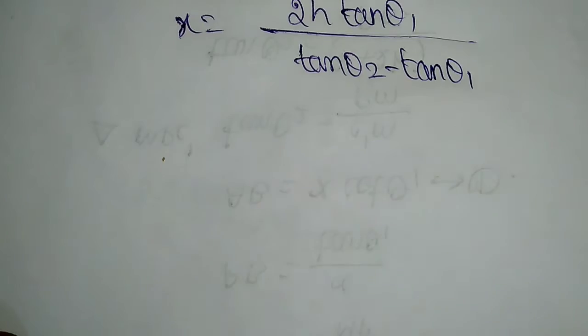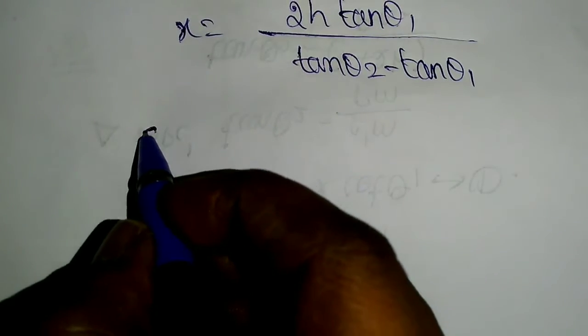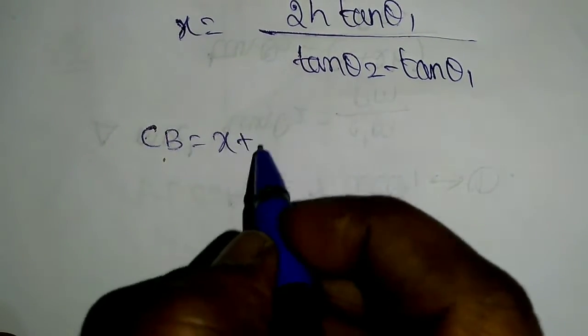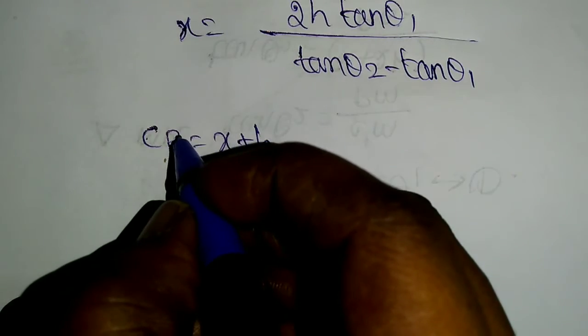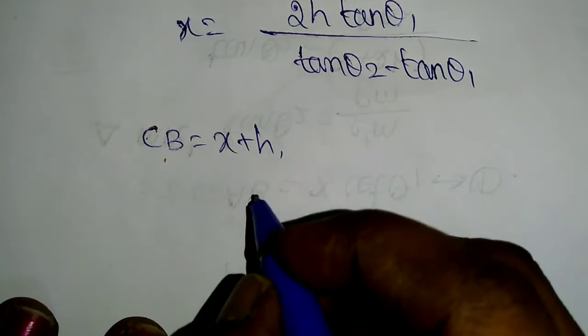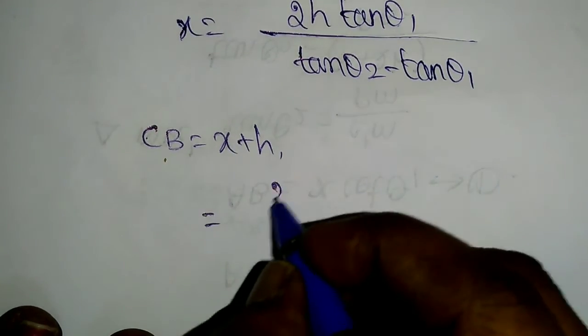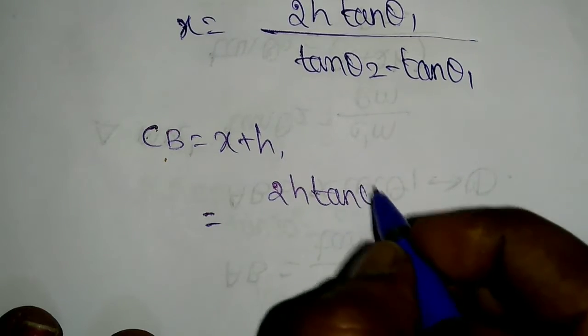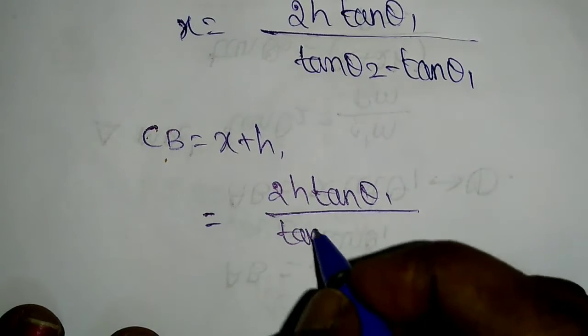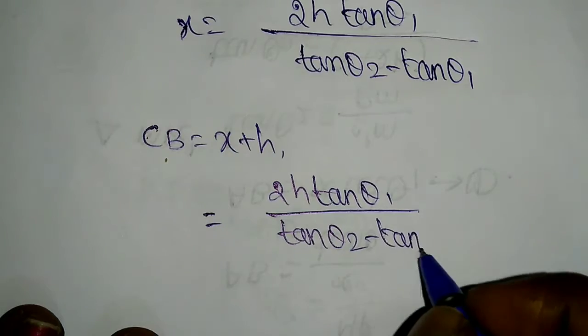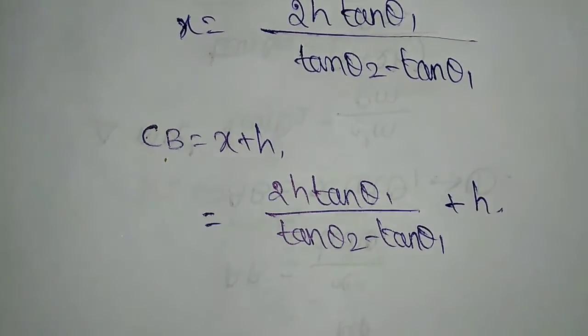Here we have to find CB. So CB is x plus h. So x is 2h tan theta 1 divided by tan theta 2 minus tan theta 1, plus h.